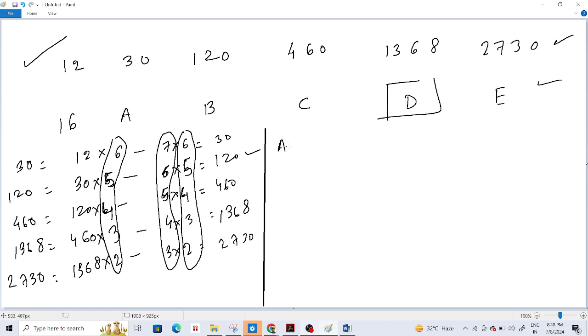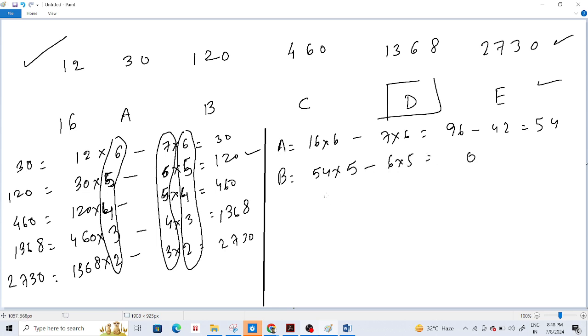So what will be A? A will be 16 into 6 minus 7 into 6. Same pattern we are going to follow. So there is going to be 96 minus 42, so 54. Right? B is going to be 54 into 5 minus 6 into 5. There is going to be 5 fours are 20, minus 30.